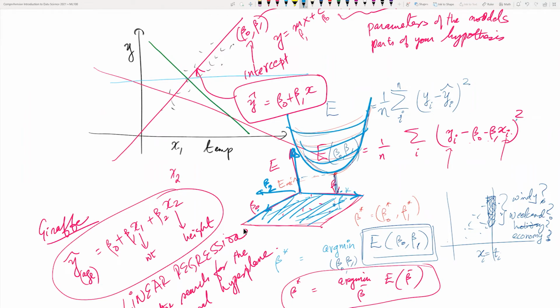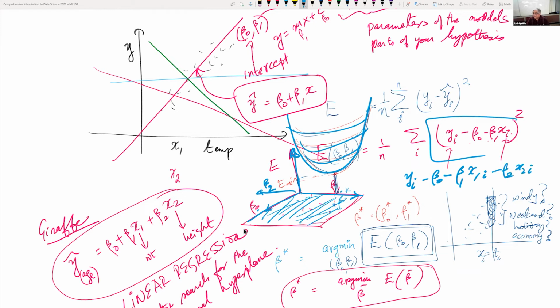Because mathematically, even if you do yi minus beta naught minus beta 1 x1i minus beta 2 x2i, the square of this is still a quadratic function, right? And quadratic functions are greater than 0. And so it's guaranteed to still look like a hyperboloid in a higher dimension.